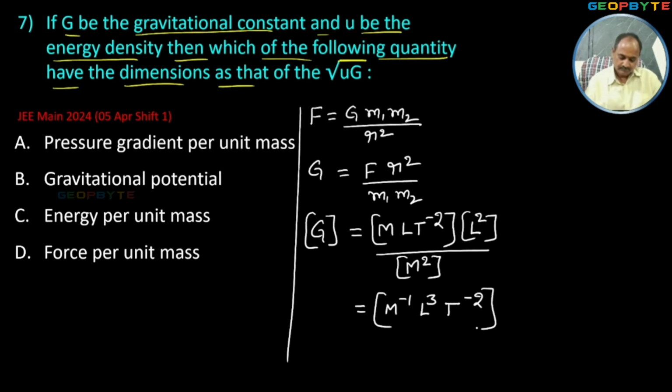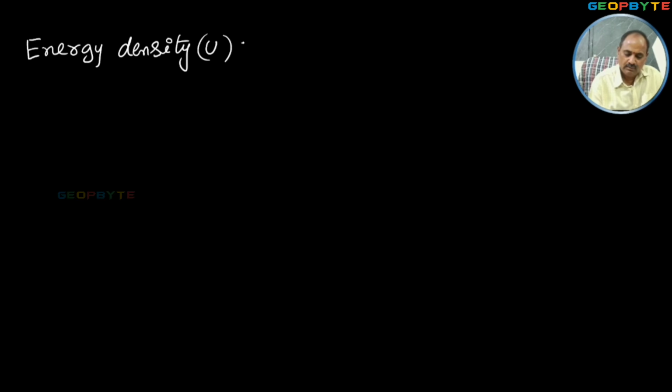The next quantity is energy density. Energy density U equal to energy per unit volume. Energy dividing by volume.